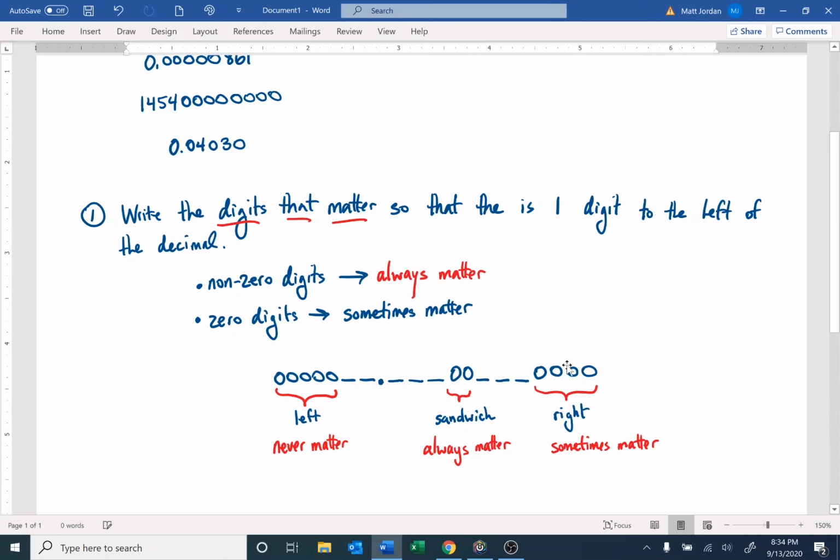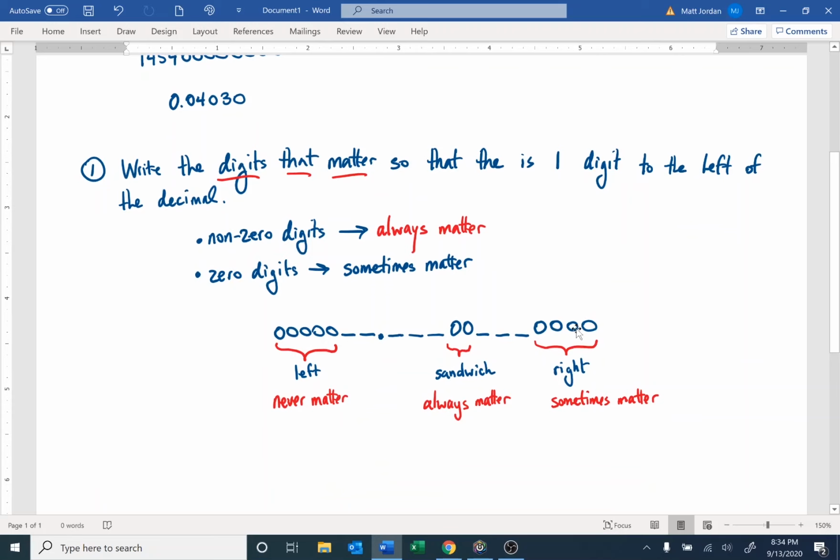The criterion for these mattering is whether there is a decimal located someplace in the number. In this example, the anatomy of a general number, a decimal was present. So if a decimal is present, we can say, check, these matter.